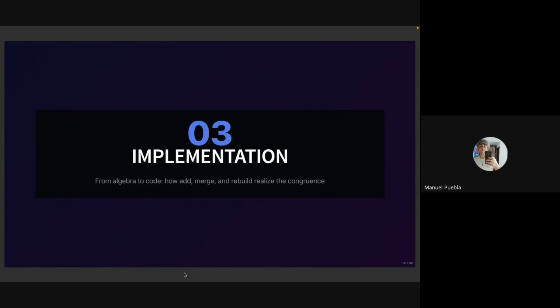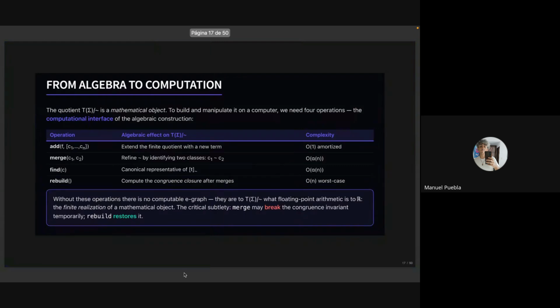Now, how do we do this on a computer? This is not an easy task, and we need to teach the computer to do these things that I described in math and in colloquial language. As of now, the quotient algebra is a mathematical object that has no life outside our intellect.